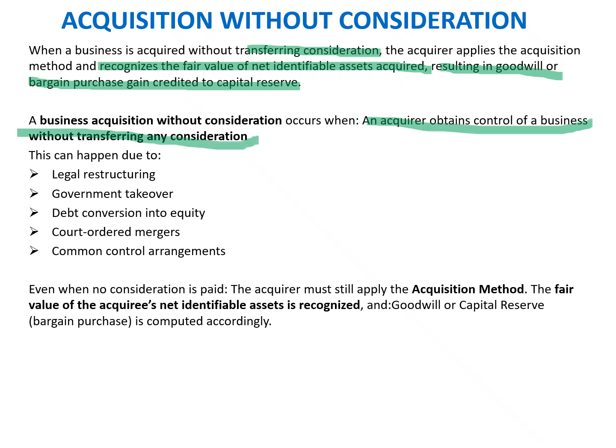If the acquired liabilities are more than the acquired assets and no consideration is payable, then definitely it would result in goodwill. But if the opposite is there, my resultant assets are more than the liabilities and no consideration is paid, then it would be a capital reserve.